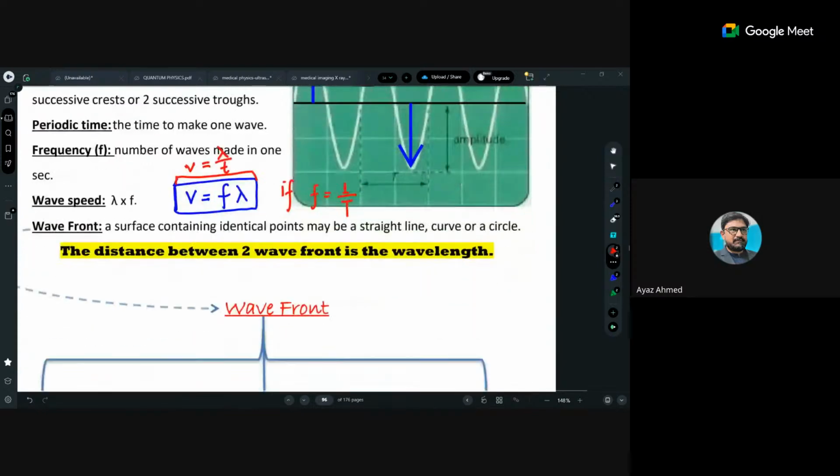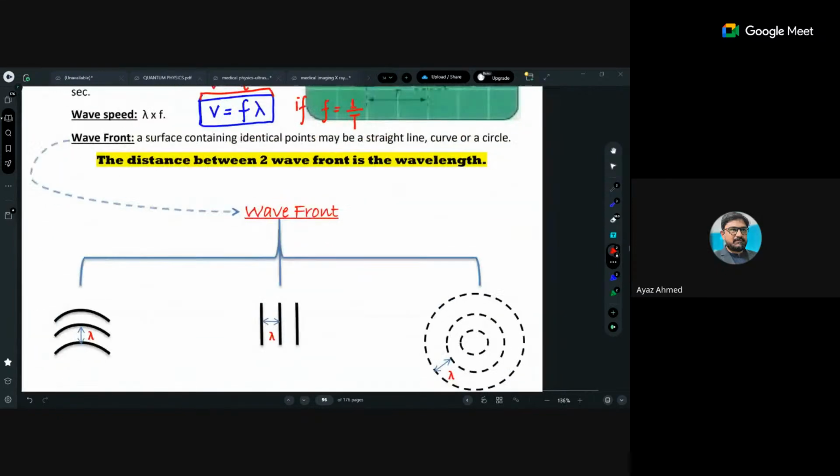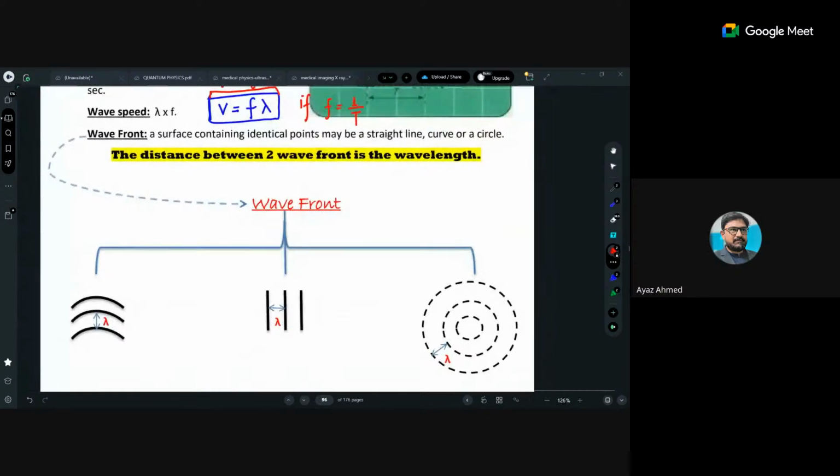Then there is the definition of wavefront. What is a wavefront? A wavefront is basically the portion of the wave with equal distance, equal position, and equal energy level. Let's say these lines are all wavefronts, right? A wavefront can be circular, semicircular, or straight.